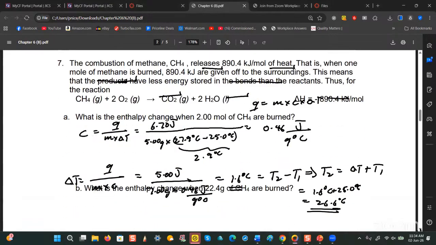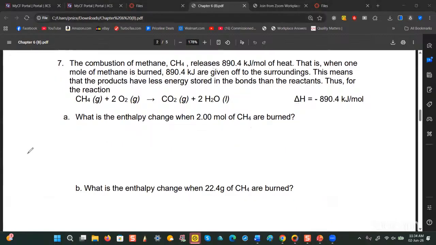Okay, now in the case, let me clear this first. In the case of question number 7, it gives you the balanced equation for the reaction, and it gives you the enthalpy change of the reaction. And it's asking a couple of things actually. It's asking for the enthalpy change when 2.00 moles of methane are burned, right? So based on this equation here, for every 1 mole of methane, this is the enthalpy change, right?